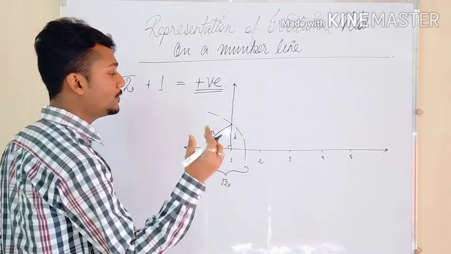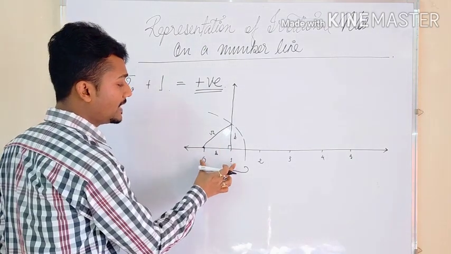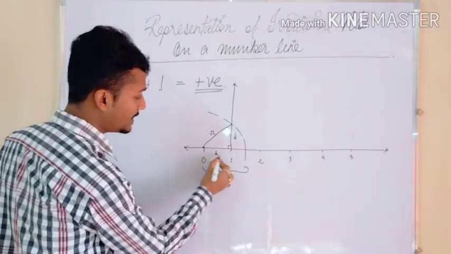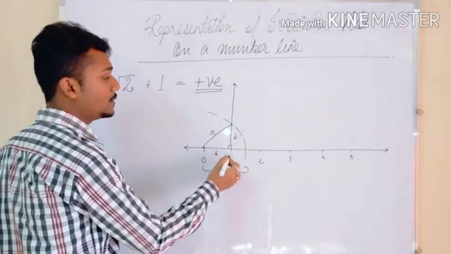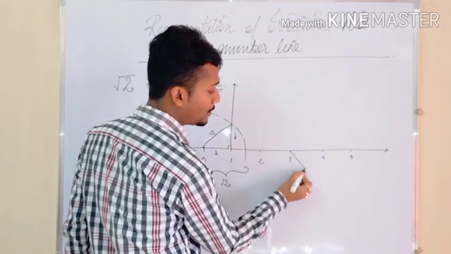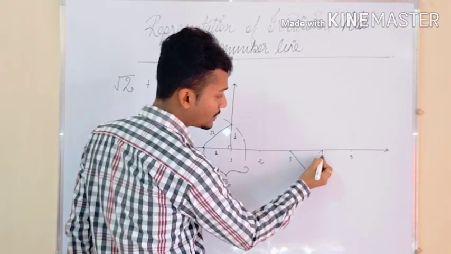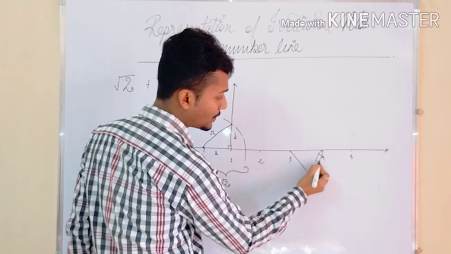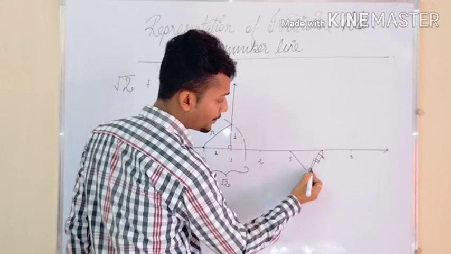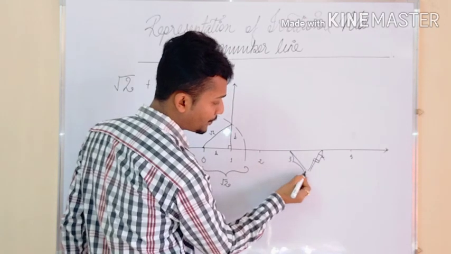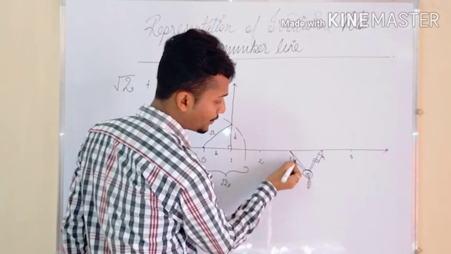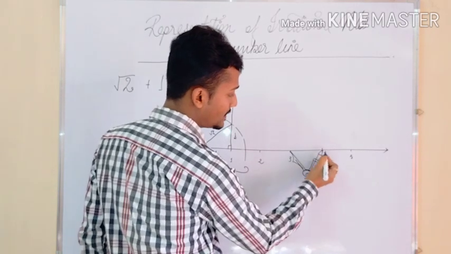So with the help of compass and pencil, you have to take a measurement of 1 unit. I can show it here, but if I show the diagram here, it will become more clumsy. So the compass measurement should be such. This is 4, this is 3.